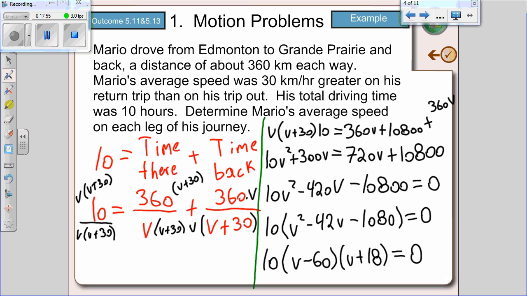Your plus is going to be 60. 60 would be your speed. Okay, wait, we got a problem. 60 is not your answer.